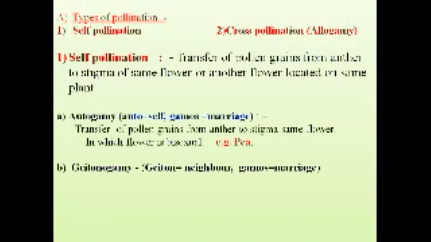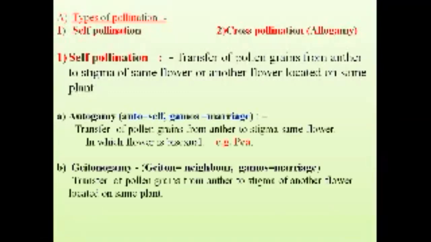In geitonogamy, geitono means neighbor, gamos means marriage. In geitonogamy, transfer of pollen grains from anther to stigma of another flower located on the same plant. So these are the two types of self-pollination, that is autogamy and geitonogamy.